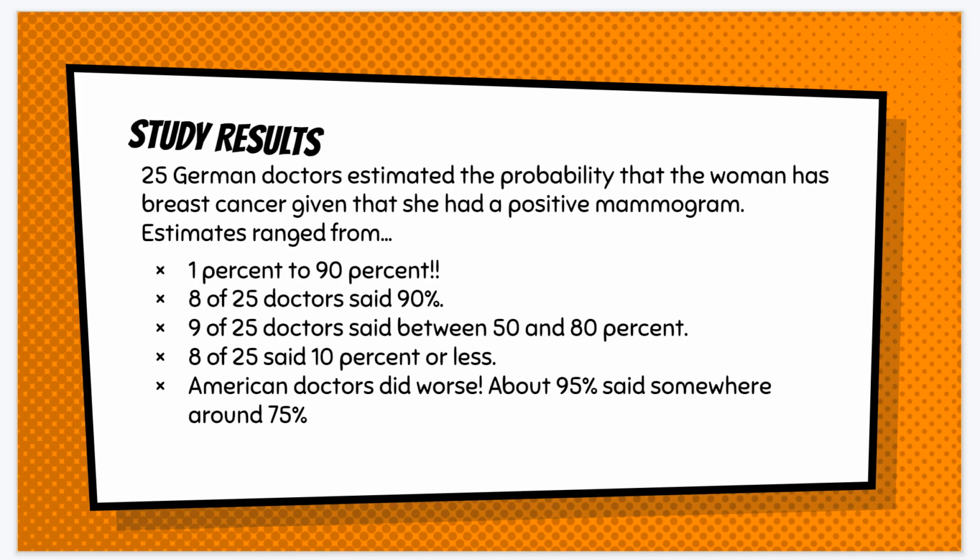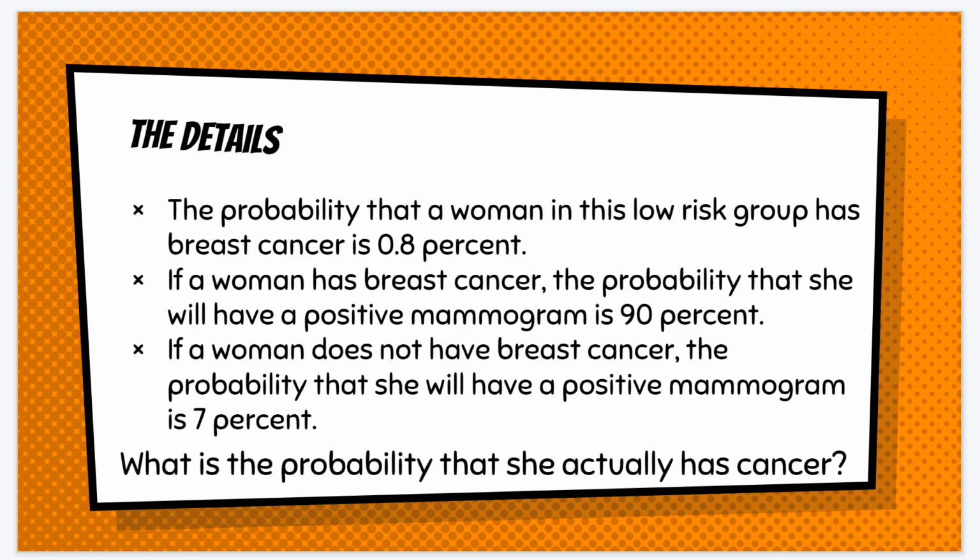25 German doctors estimated this probability, and their estimates ranged from 1% all the way up to 90%. If you recall, 90% was the chance of having a positive mammogram if you had breast cancer. And hopefully we realize there, the "if" on that one is if they have breast cancer, versus right now we know she has a positive test result.